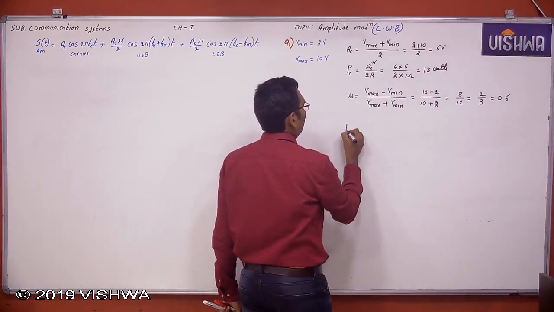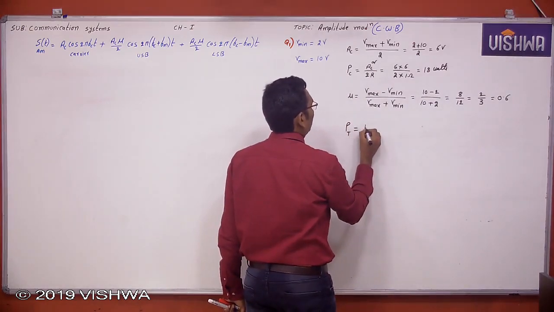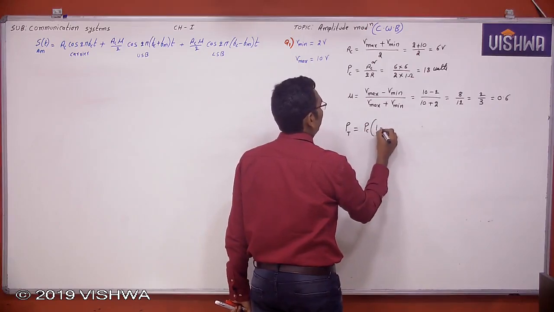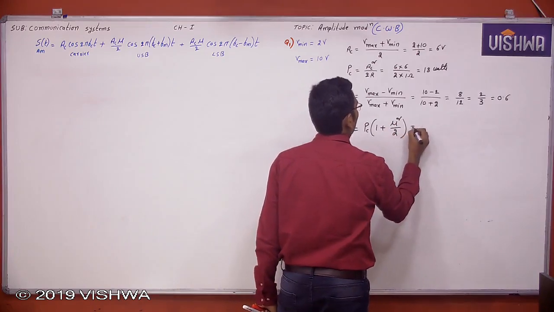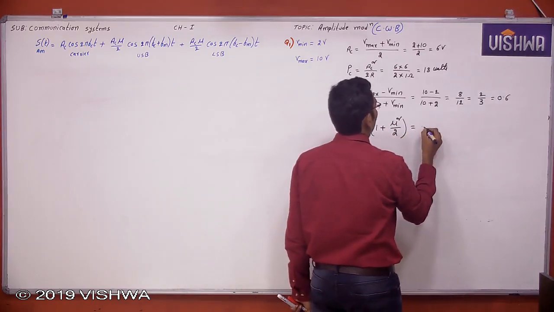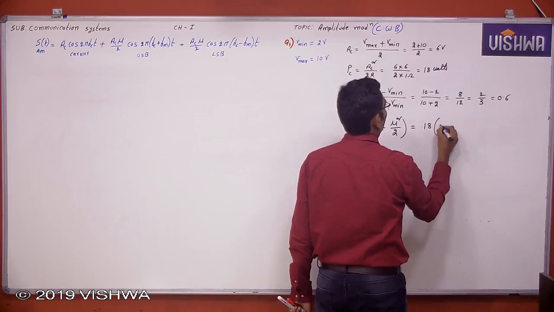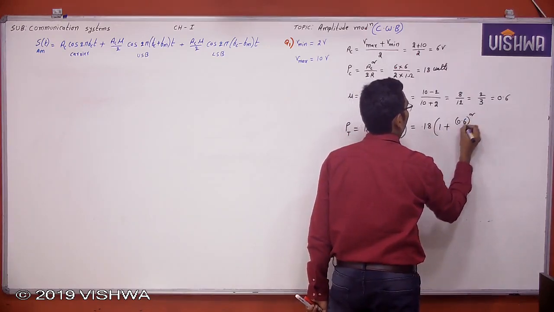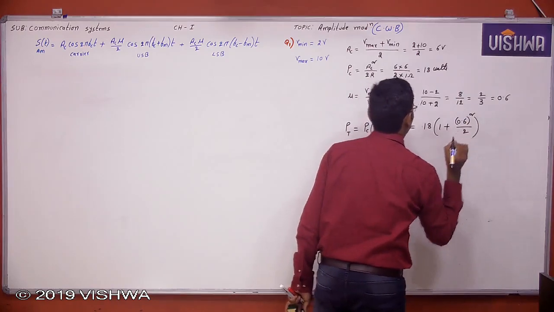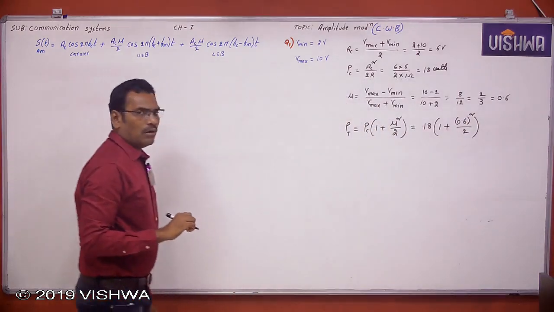Now the total power is Pc into 1 plus mu square by 2, which is 18 into 1 plus 0.6 whole square by 2. Now, what is the sideband power?